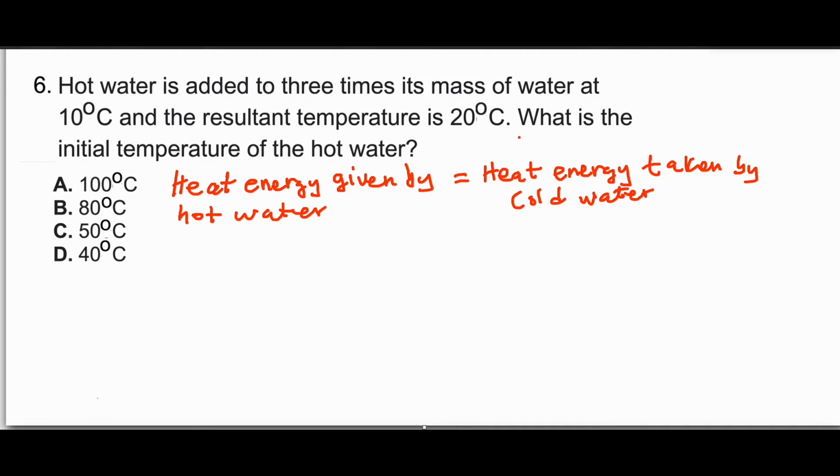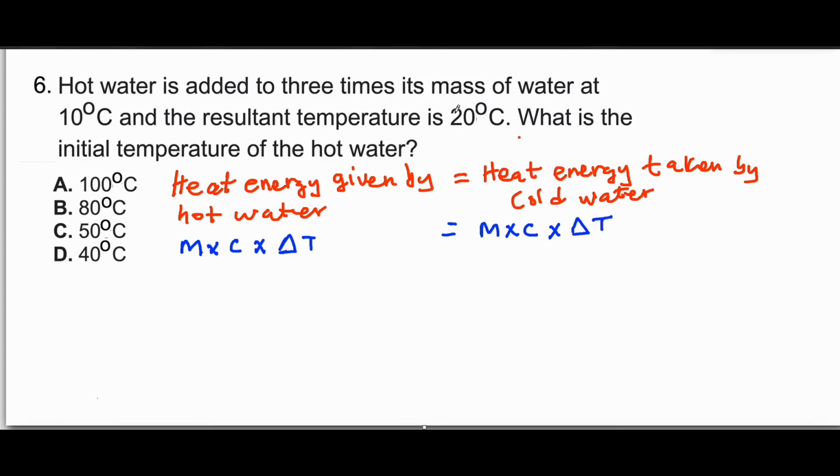All right, so another interesting part is, let's write out the formula first. We're talking of the mass of the water times specific heat times the change in temperature equal to the mass of the cold water times specific heat times the difference in temperature.